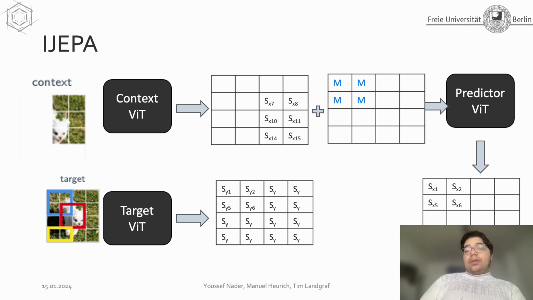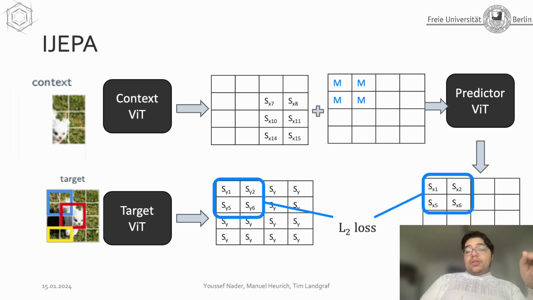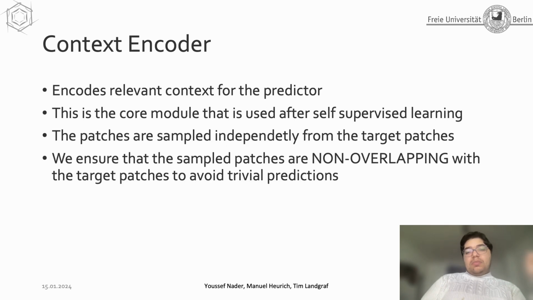You will select these top left patches, and you will try to compare if the predictor managed to get the same representations that are coming out from the target vision transformer. And we typically compare the representations with an L2 loss, and for the paper this was completely fine.